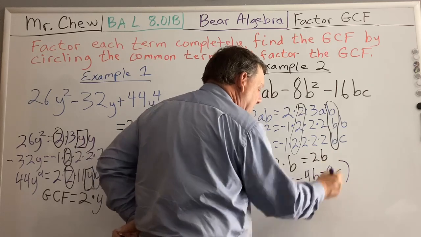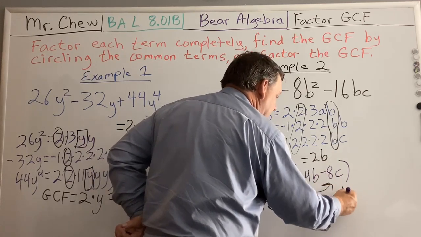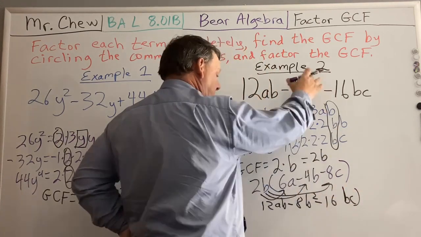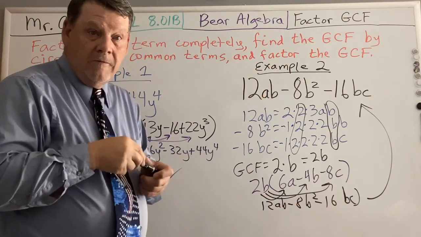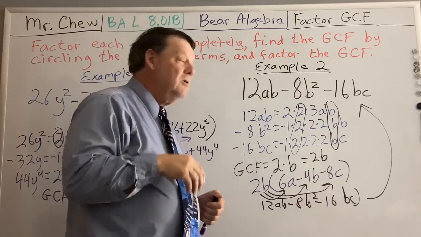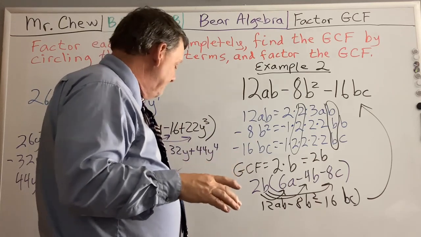And then 2b times -8c is -16bc. And if you look, I get my original problem up here. All right? So it's taken some time, but I wanted to explain this step by step.